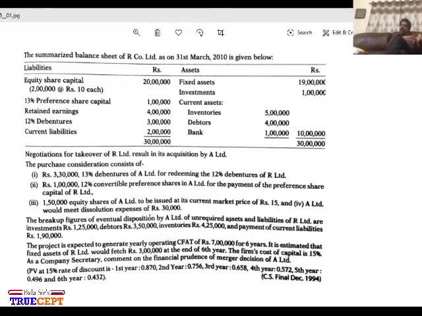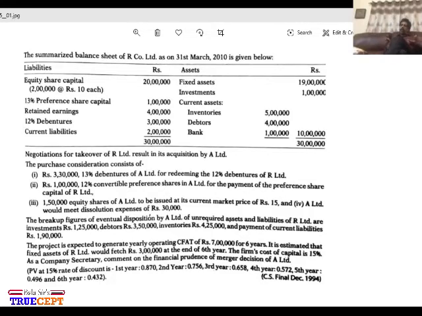And then you have to calculate the present value of all the cash inflows from the business. Then you can find the net present value, which is the PV of all your cash inflows minus the initial outlay, the cost of acquisition. Once you get a positive NPV, you can go ahead and buy the other business.